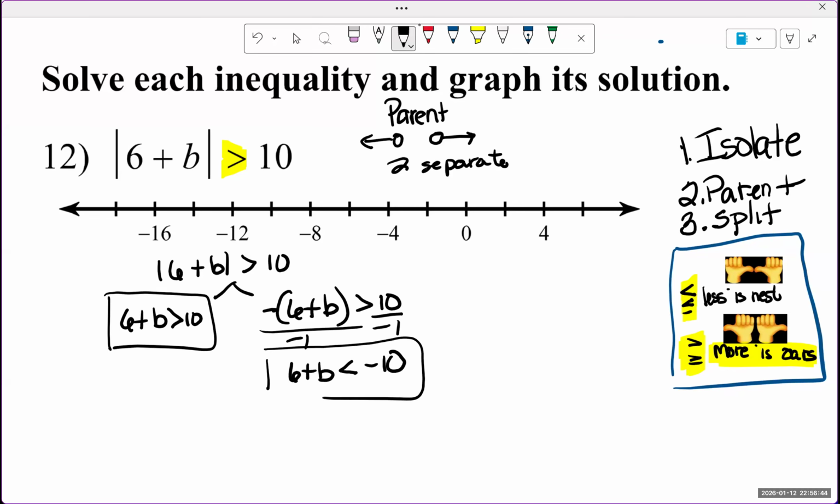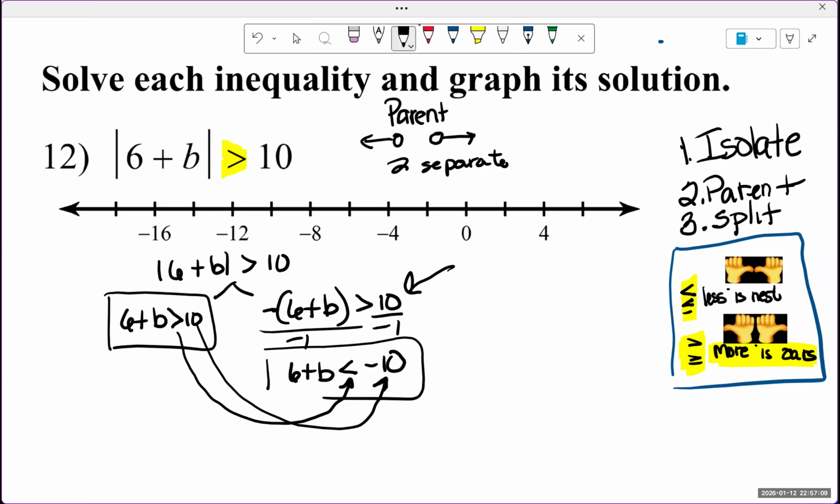We're still going to solve these. Notice the inequality changes and the sign changes. So we're going to go back up and do that again without doing this step, because the fewer the steps, the better. That leaves you less room for error. Are you ready? So we're going to say 6 plus b greater than 10.